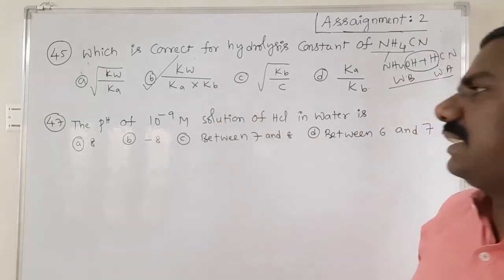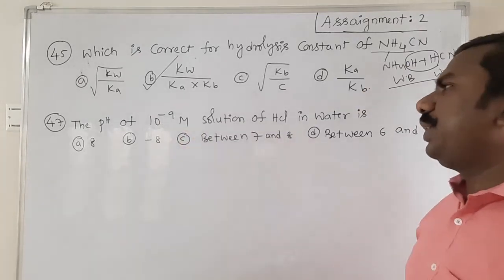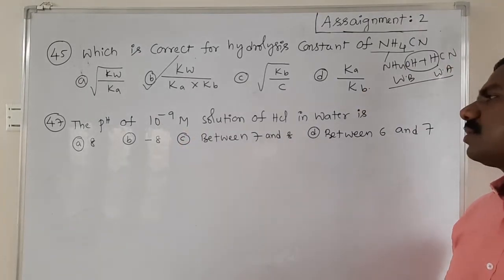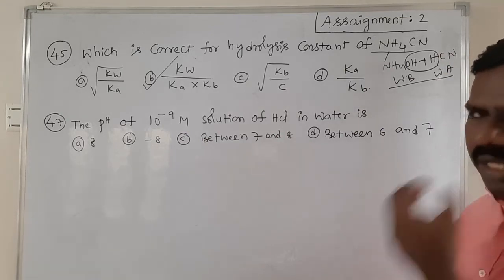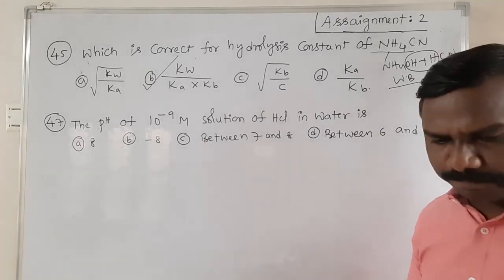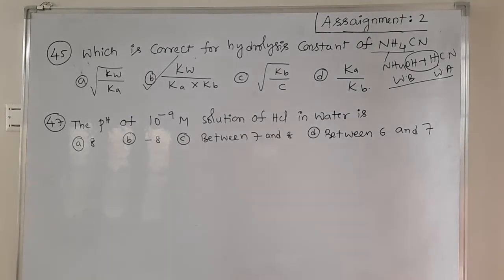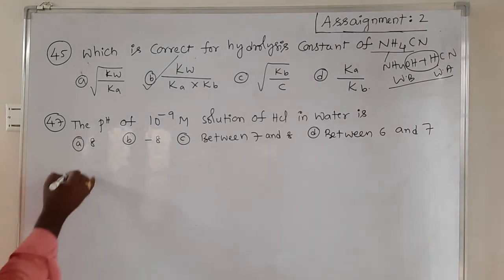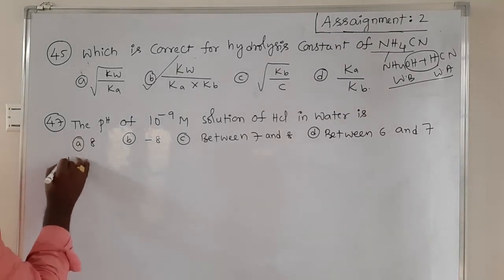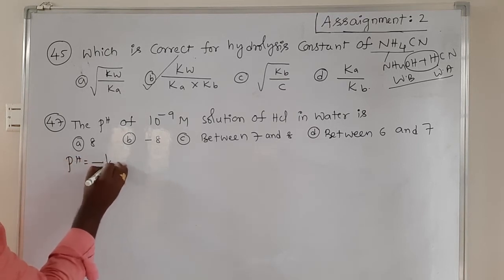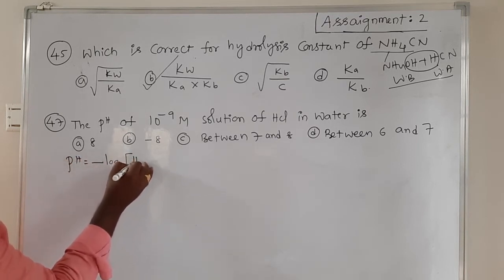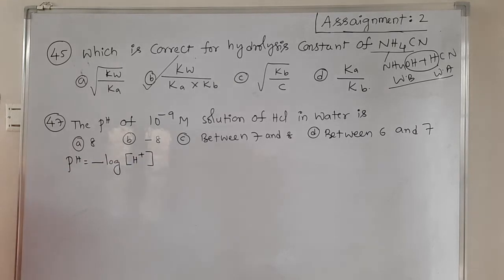Okay. Next, the pH of 10 to the power of minus 9 molar solution of HCl in water is. So pH formula we know already. pH is equal to negative logarithm of H plus ion concentration, right?